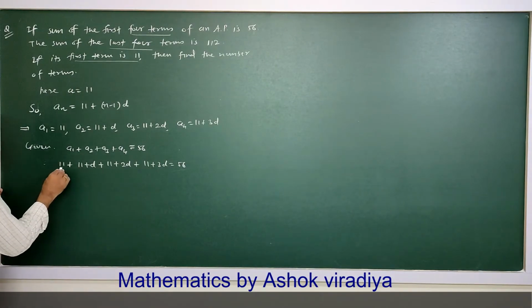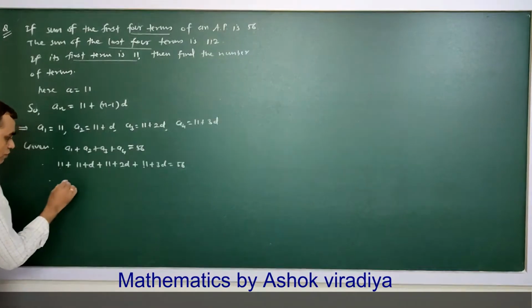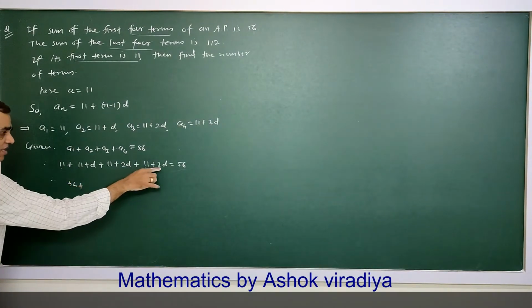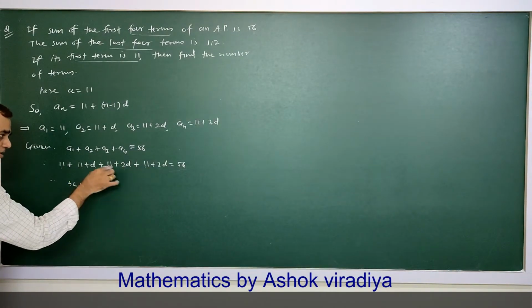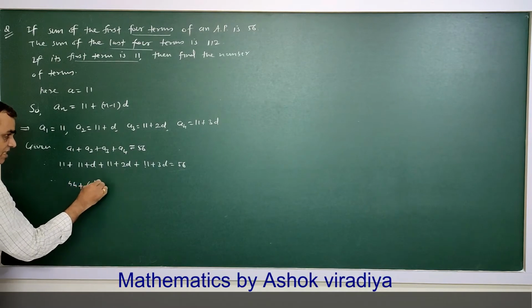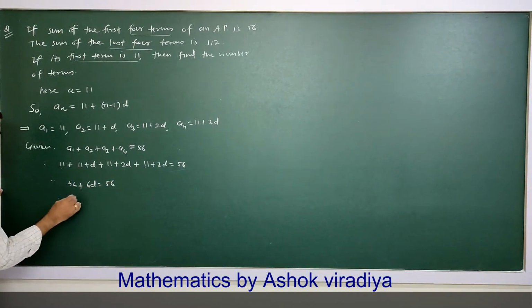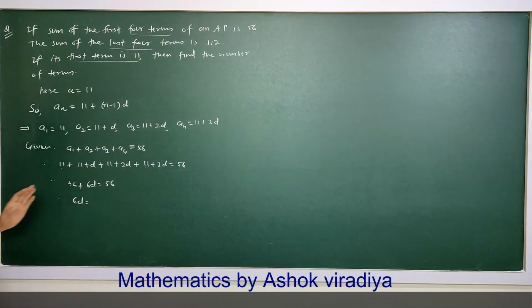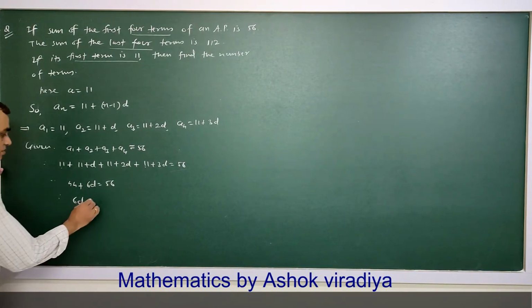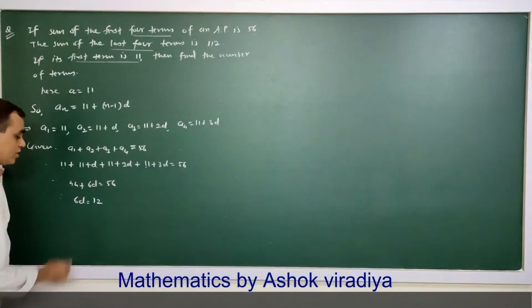Therefore, 44 plus 3d, plus 2d, plus 5d, plus 1d, gives 6d, and the sum is 56. So 6 times d is 56 minus 44, which is 12. So d is 2.